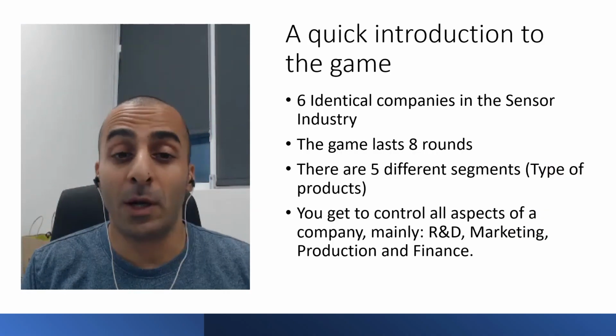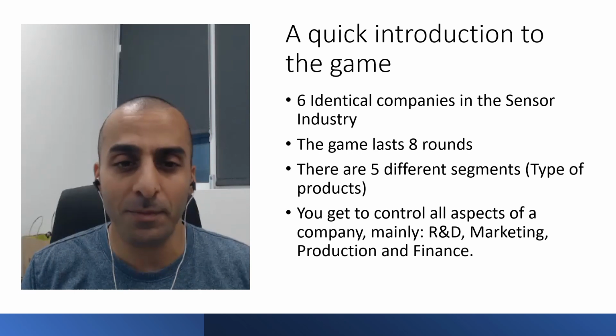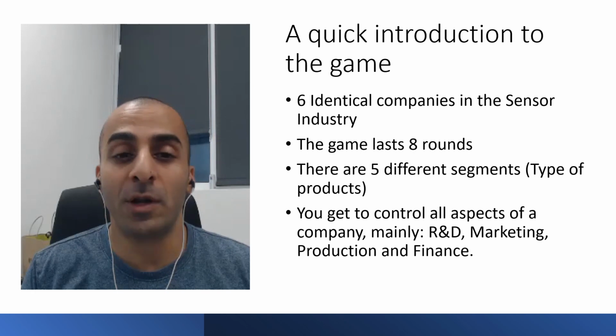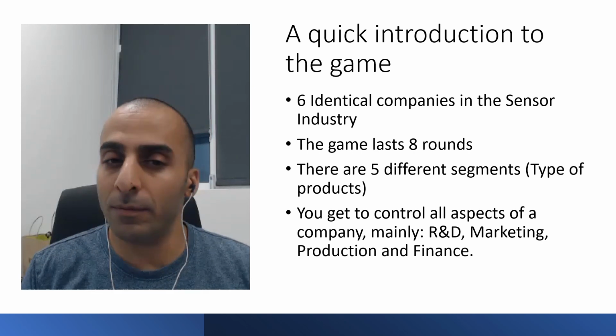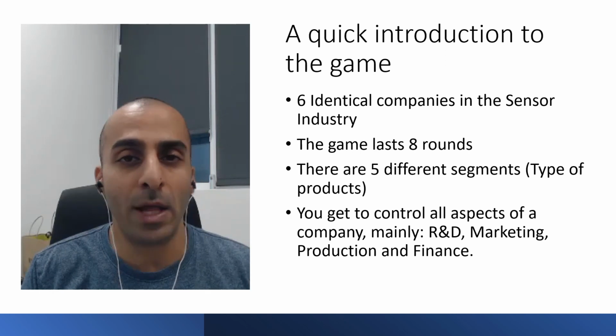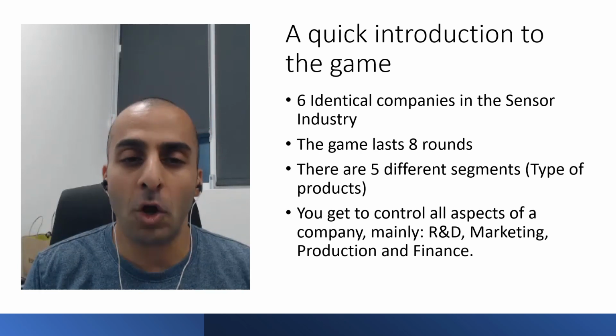Let's begin with a quick introduction in case you are totally new to the simulation or to the game. There are 6 identical companies competing in the sensor industry. Apart from the name, they have the exact same properties, same product, same sales, same market share, same stock price.